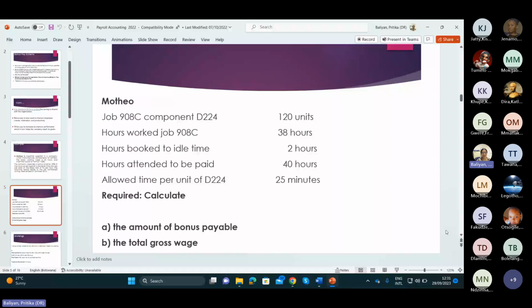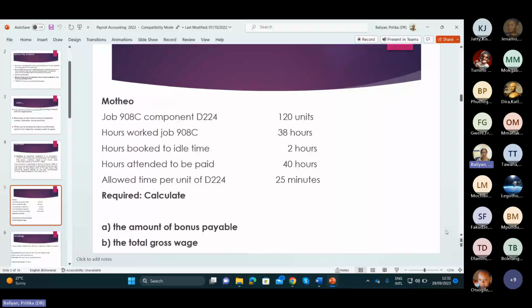How many minutes do they need? You multiply 25 minutes times 120, right? That is 3,000 minutes. If you want to change this, because the rest of the information is in hours, so this is 3,000 minutes.